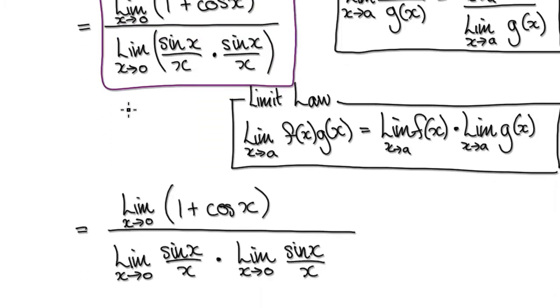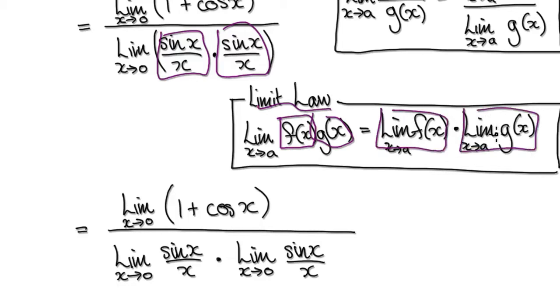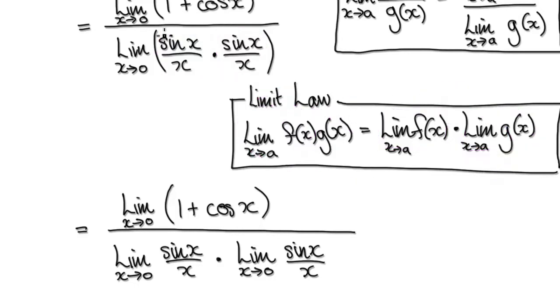Now make use of the limit law. Whenever you take the limit of one function times another function, that's the same as taking the limit of one function, taking the limit of the other function. Whatever the two limits are, just multiply them together. So we are going to make use of this law to break this up.